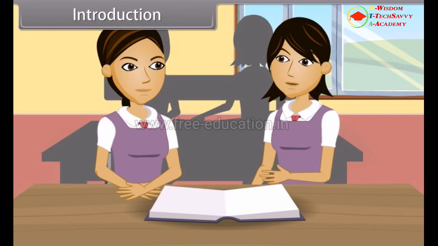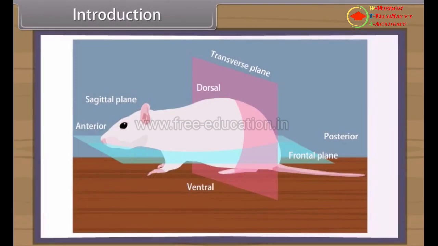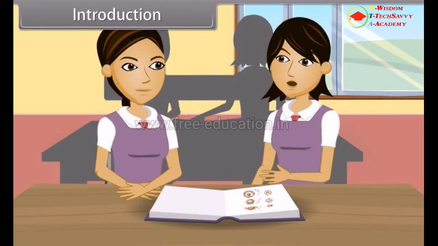According to symmetry, animals are either radially symmetrical, for example sponges, coelentrates, and echinoderms, or bilaterally symmetrical, for example nematodes, arthropods, annelids, and vertebrates, and some are asymmetrical, for example snails.